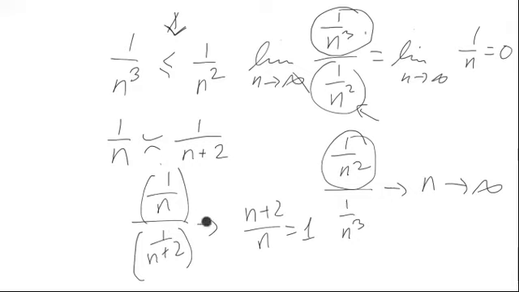But the main idea is that if you take a limit of two things and you end up getting a constant number, that means the convergence or divergence of one will be the exact same as the other. Now, if you get zeros and infinities, then that just means that one is smaller and one is bigger, and you can perhaps determine convergence or divergence that way. But this is also useful as well. So we can use those ideas as we move along.